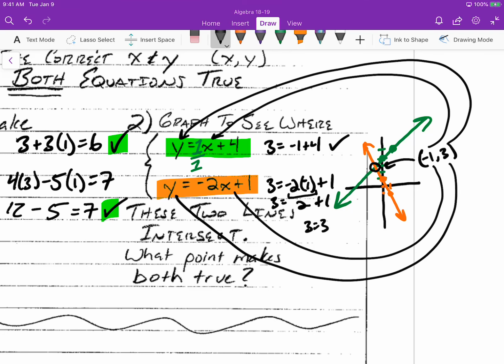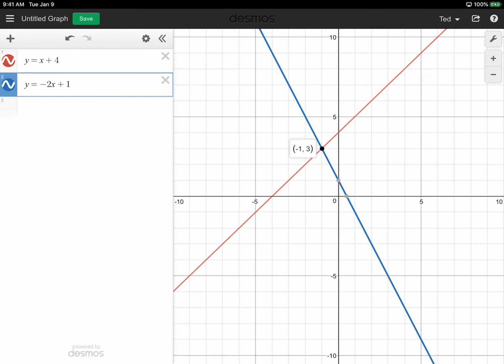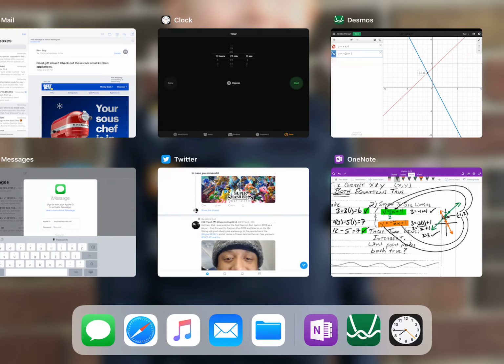Does 3 equal 3? Yes, it does. So I am right, but luckily I have classic Desmos here just to prove it. I just typed in both equations and they did intersect at negative 1 comma 3. It's nice always having Desmos available to double check.